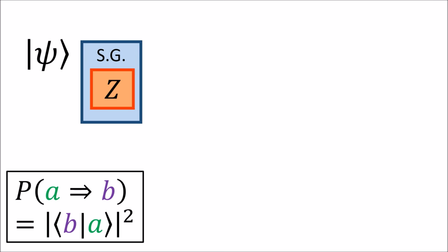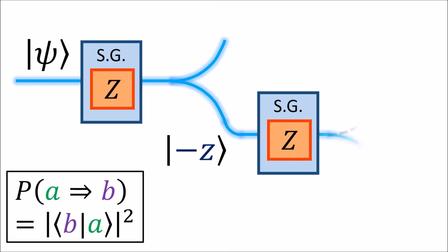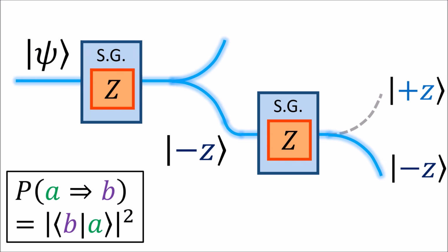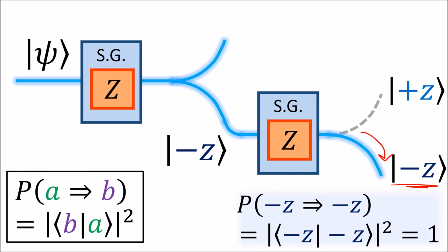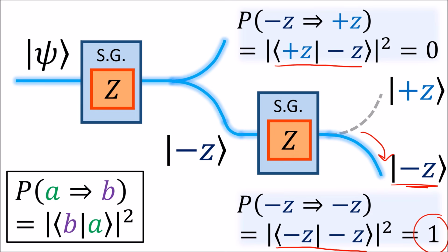Now let's put an SG apparatus after the down states. As you might expect, all the particles are deflected down. So Born's rule tells us the probability of measuring spin down from spin down is 1, and the probability of measuring spin up from spin down is 0.